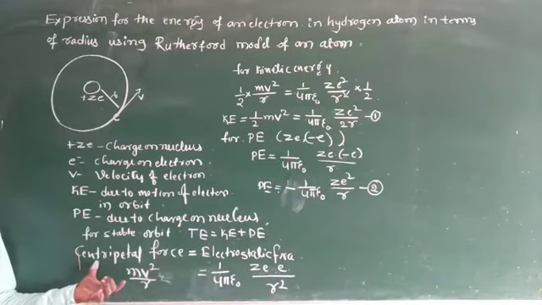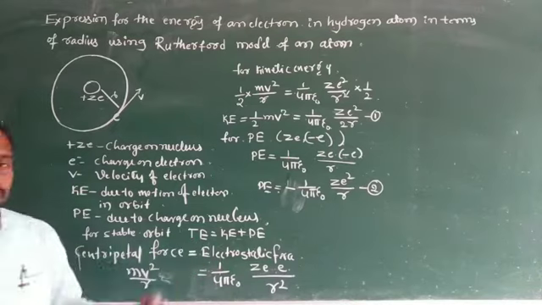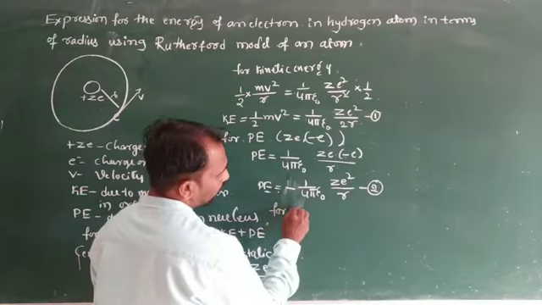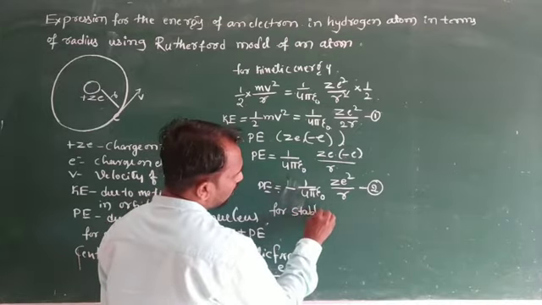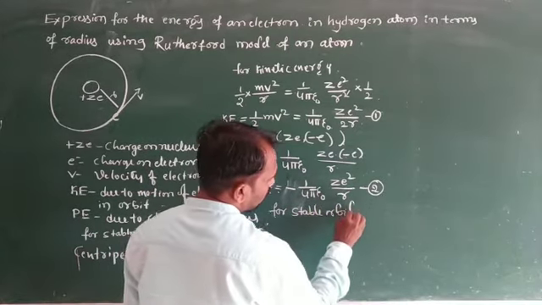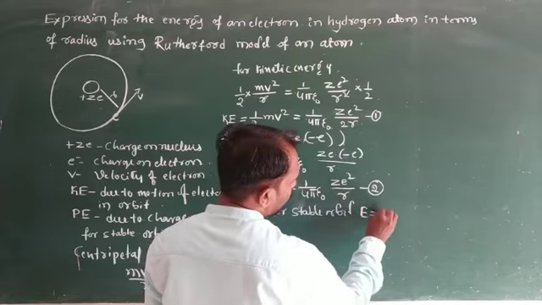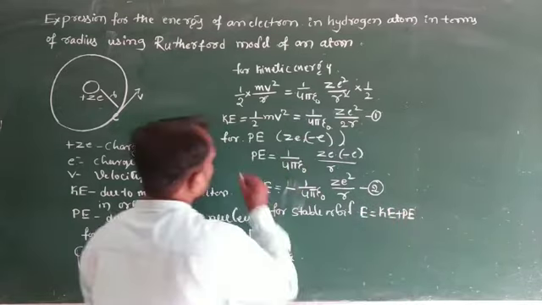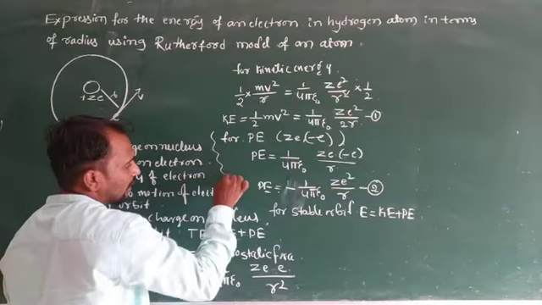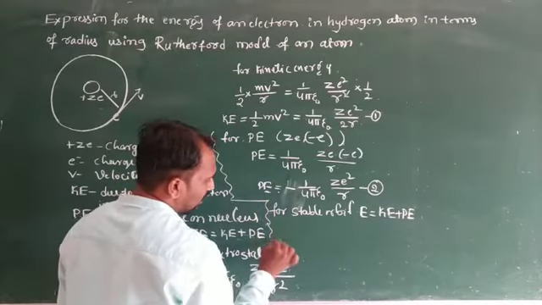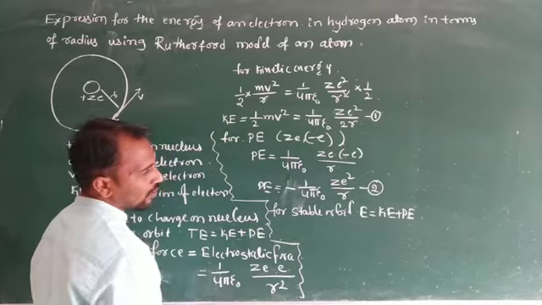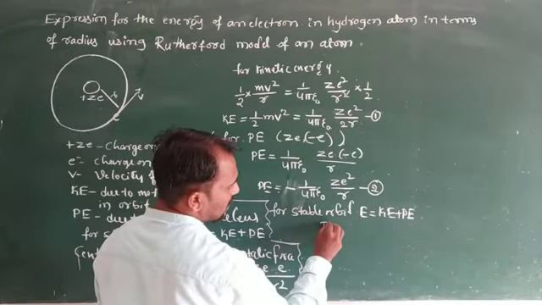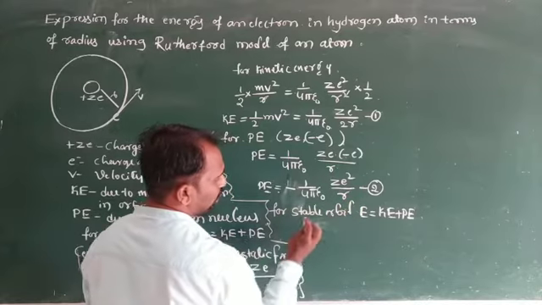We want to calculate the total energy, which is kinetic energy plus potential energy. So for a stable orbit, the total energy E is equal to kinetic energy plus potential energy.